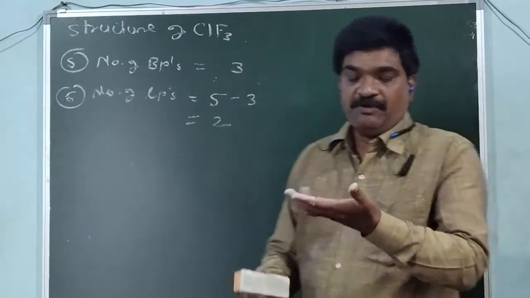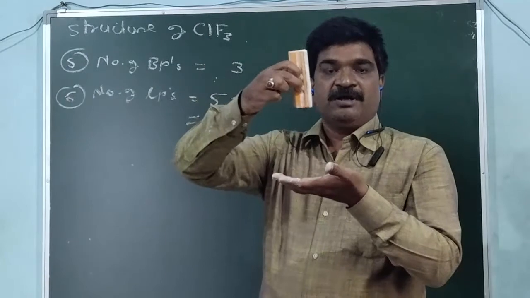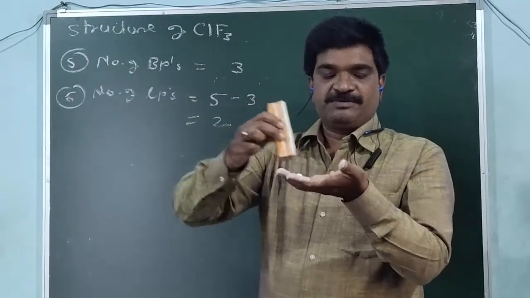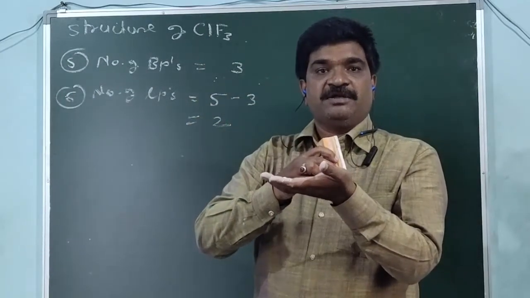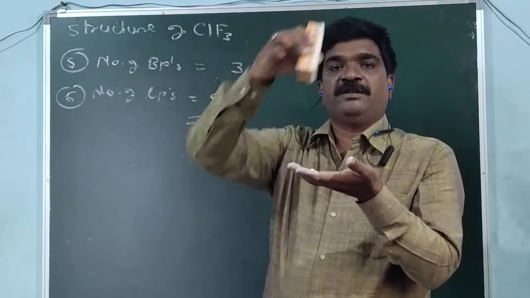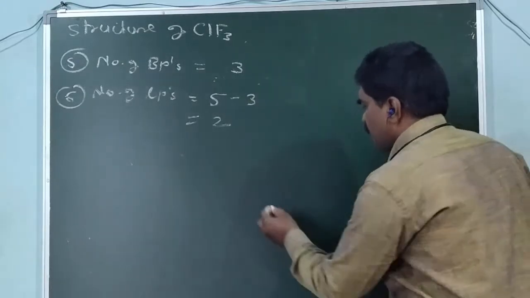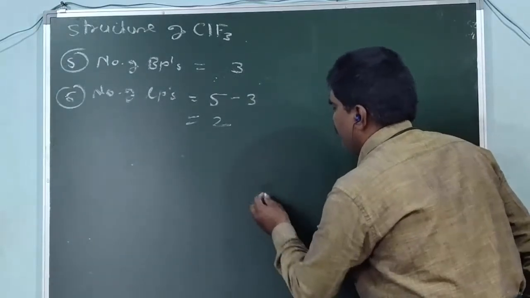We know that in one plane there is a triangle, an equilateral triangle. There are three atoms present in the equilateral triangle in a regular TBP arrangement, one above the triangle and one below the triangle. Okay. Now let's draw the TBP arrangement.